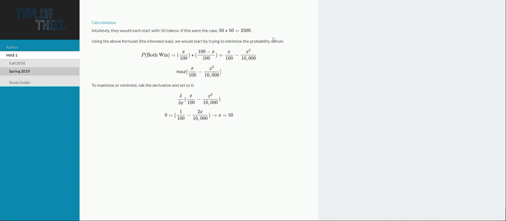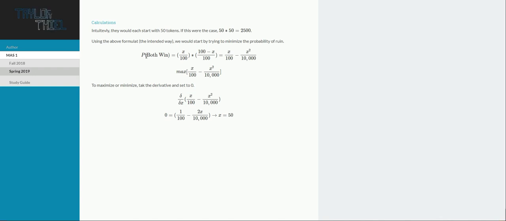This ends up being correct, but assuming you don't have that intuition, or you do and you want to double check, because that's definitely not the safest way to answer these questions, what we can instead do is use the formula we had: the probability of ruin is 1 minus the starting tokens divided by the ending condition number of tokens.